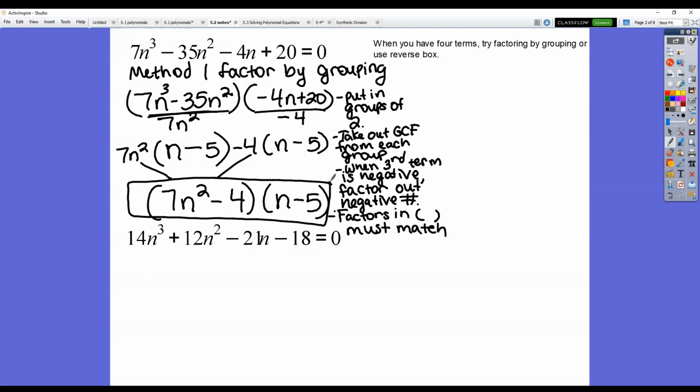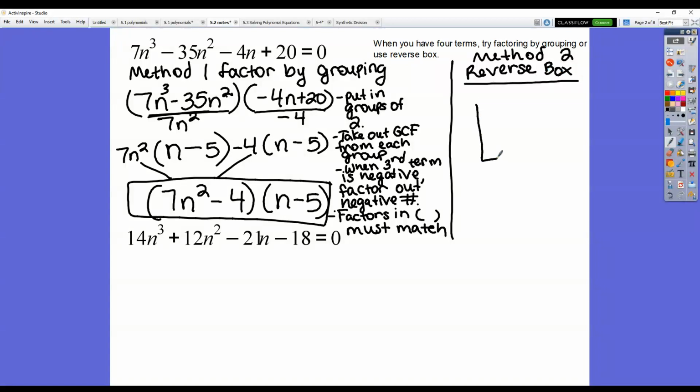That's factoring by grouping. Method 2. You draw your box and put all your terms in the box.